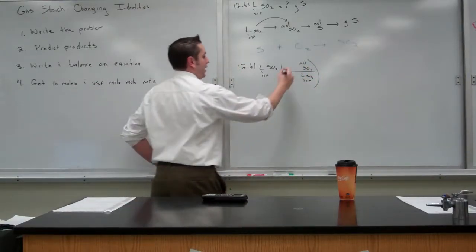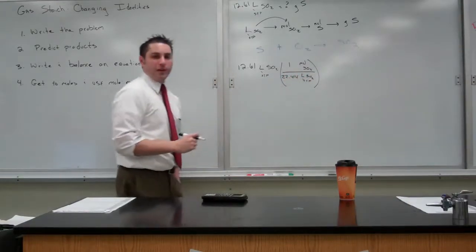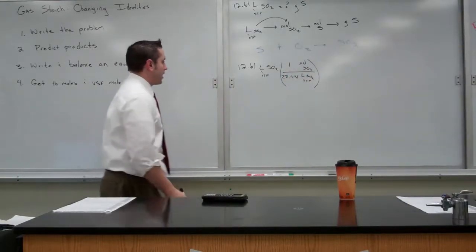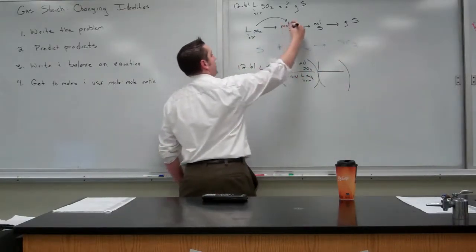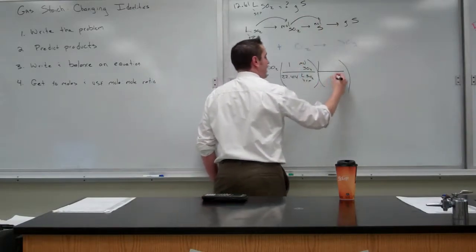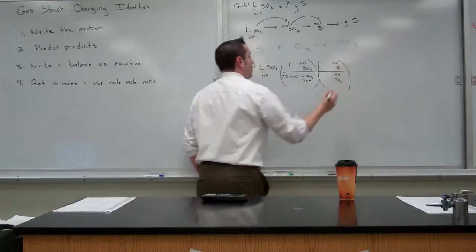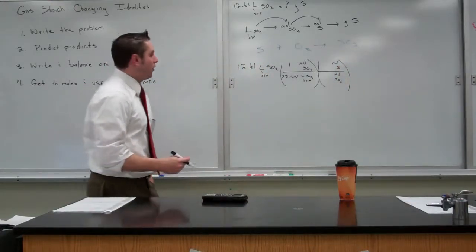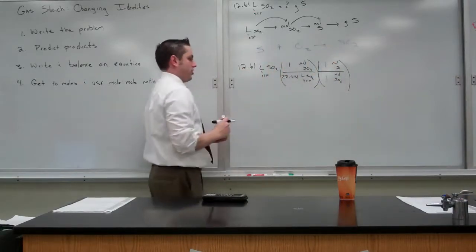That 1 mole has 22.414 liters. Once I'm into moles of SO2, I change identity. Mole of SO2 to mole of S. This is again a 1-to-1 ratio.